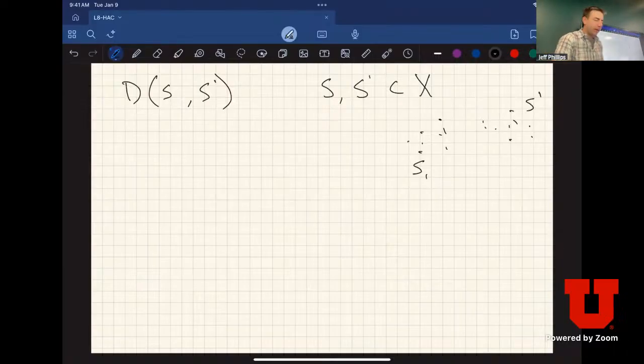Maybe I'll write this one in blue, so it's a little bit different. How do I measure the distance between these two sets of points? All right, so you had some ideas. What are options I should consider?